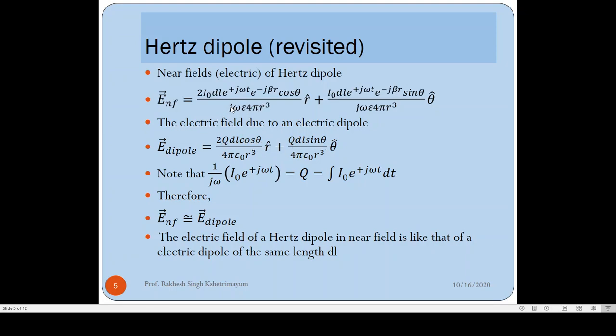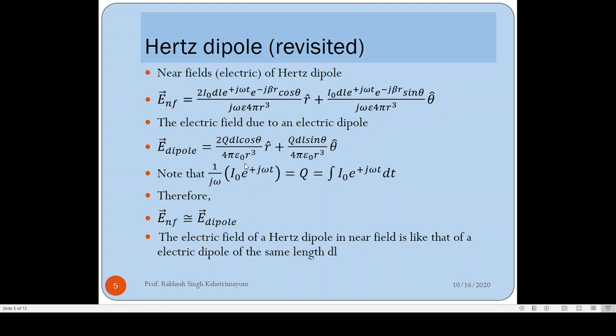One point to be noted here is that for time harmonic fields, I0 exponential j omega t divided by j omega will become q. When you integrate I0 exponential j omega t dt, what do you get? Q, because when you integrate current, you get charge.